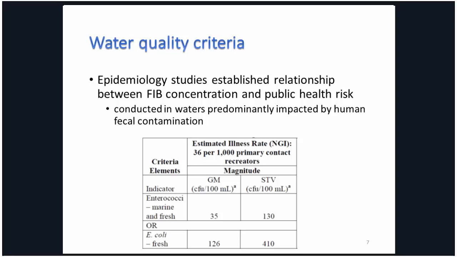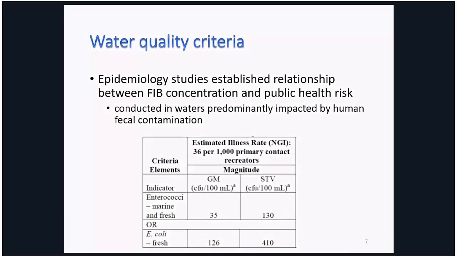The epidemiology studies were conducted in waters predominantly impacted by human fecal contamination. So the water quality criteria are established through epi studies done at sites predominantly impacted by human fecal contamination.